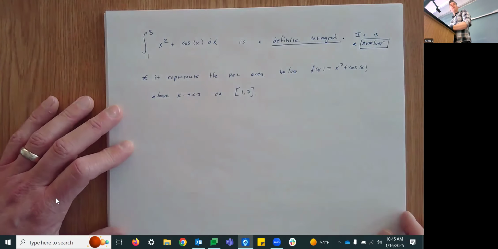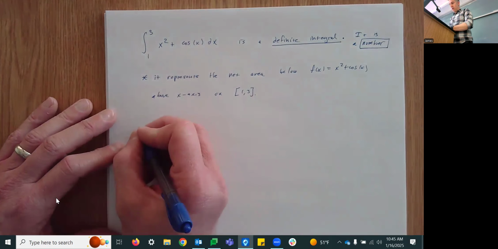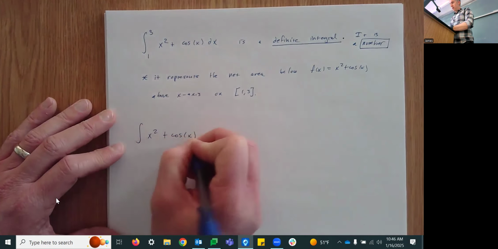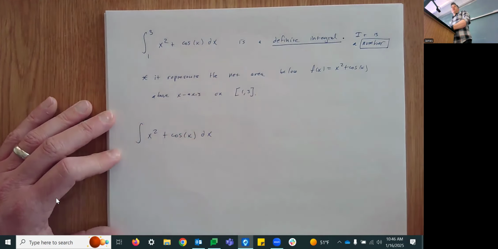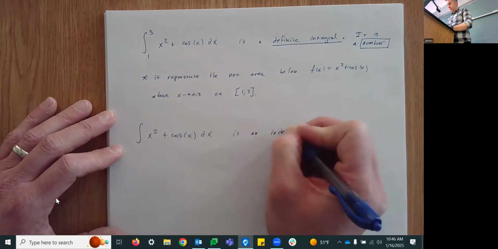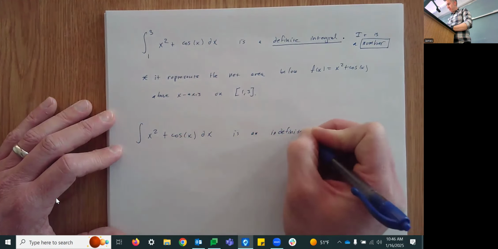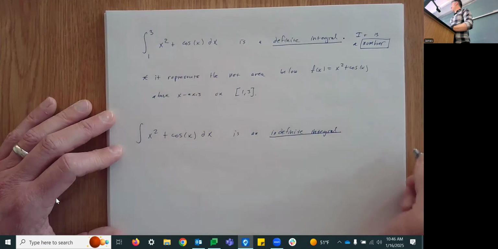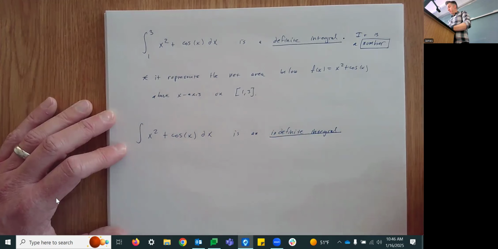On the other hand, the integral of x squared plus cosine x dx is an indefinite integral. Also known as an antiderivative.